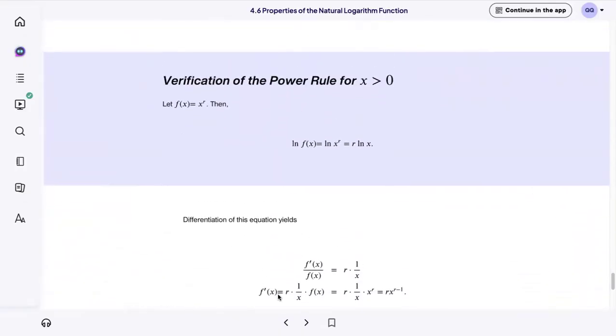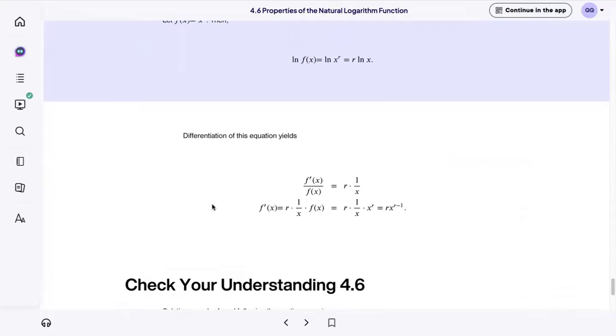So this one is saying, if we have f of x equals x raised to r, we take ln on both sides, right? Then this r can be moved up front. This makes things very convenient to calculate. Then we differentiate both sides. The derivative of ln f of x is f prime of x divided by f of x. The derivative of the other side is r times 1 over x, because the derivative of ln x is 1 over x.